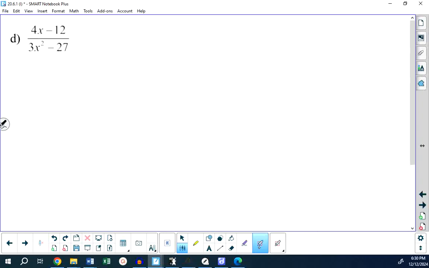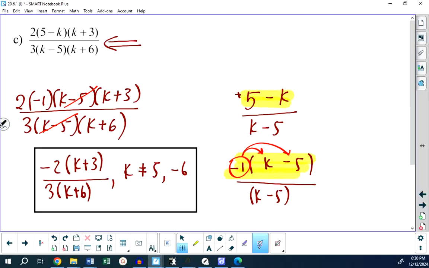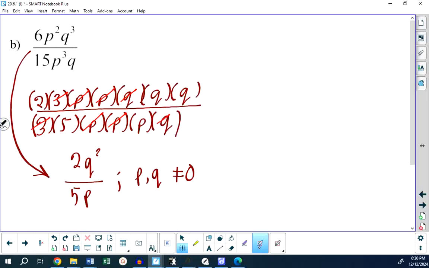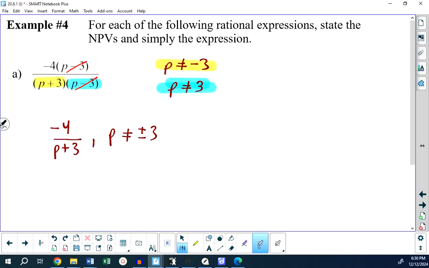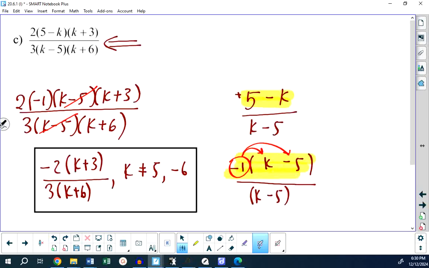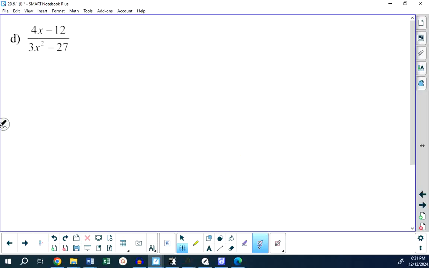D, well, you cannot cancel anything until it's factored. Once again, the only reason in C we could go ahead and cancel stuff is it was already factored. Same with B. Same with A. So now all of a sudden we get to D and it's not factored. We have to use our factoring skills. So I can factor a common factor of 4 out of the numerator.